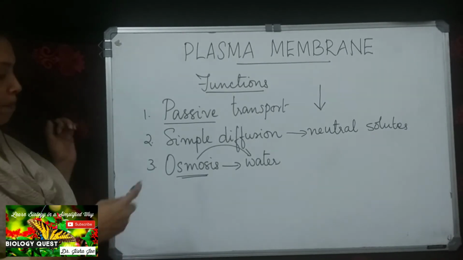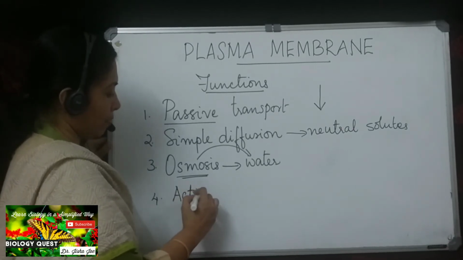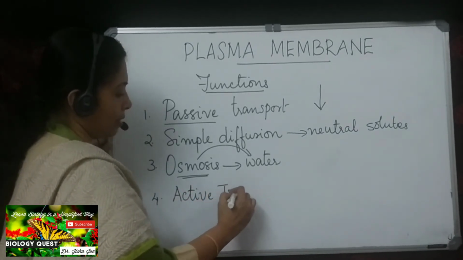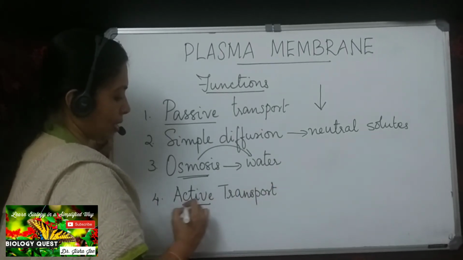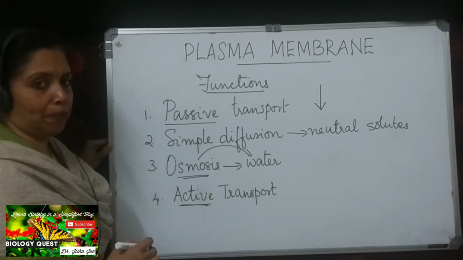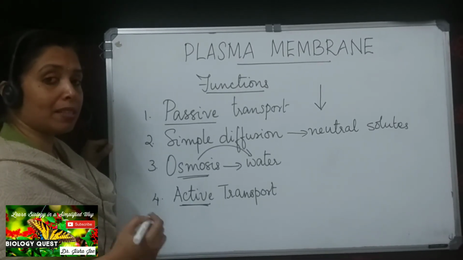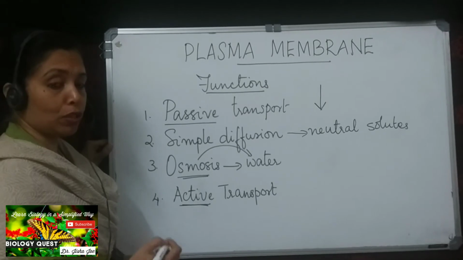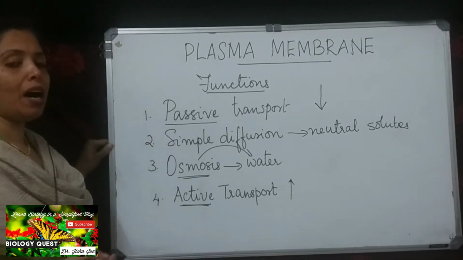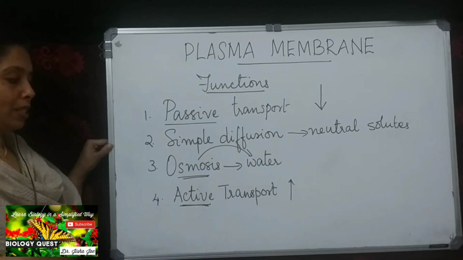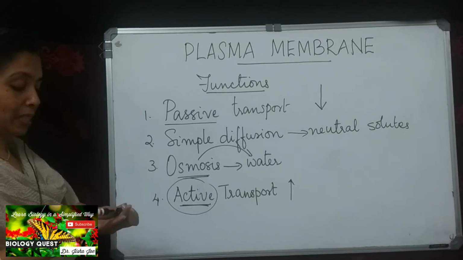The next type is active transport. As the term indicates, it is an active process. Active transport requires energy. It uses energy in the form of ATP. When does it require energy? When molecules move from a region of their low concentration to a region of their high concentration. It takes place actively. That is why it is called active transport.